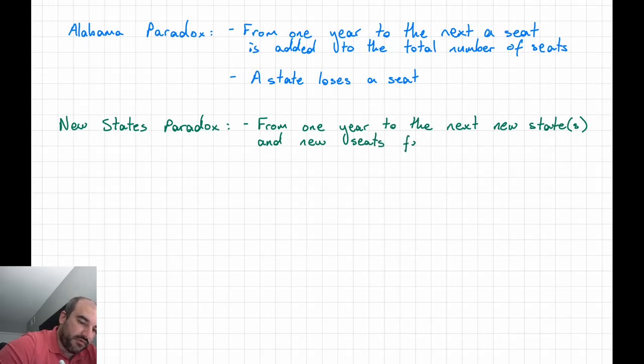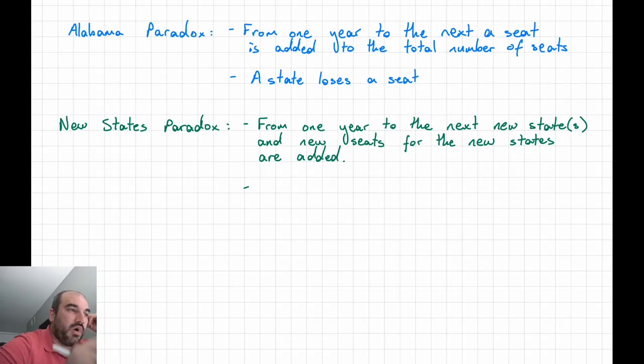New seats for the new states are added. And what should happen is that once you add a new state and you add the number of seats that are going to go to that new state, the other states' seats should not change.